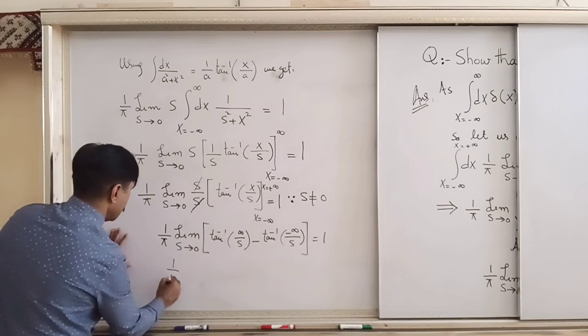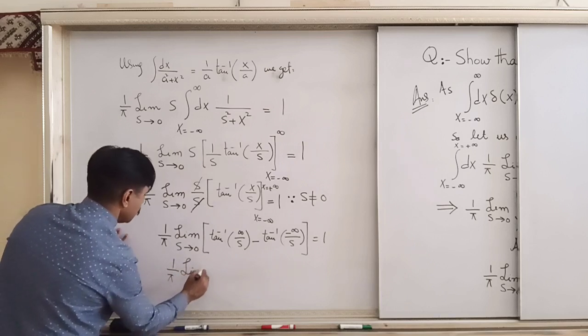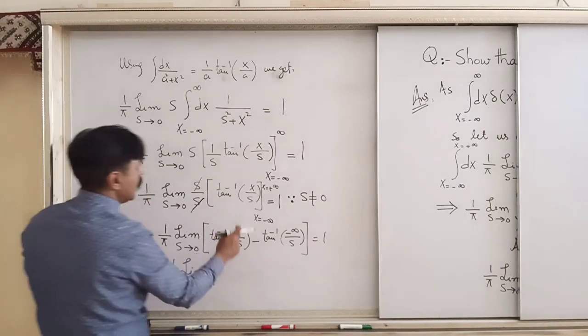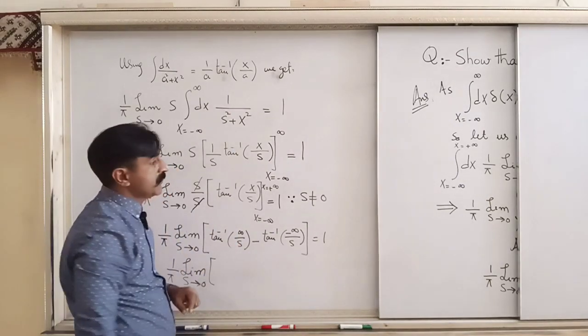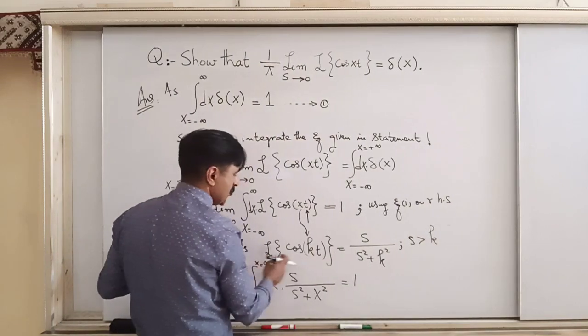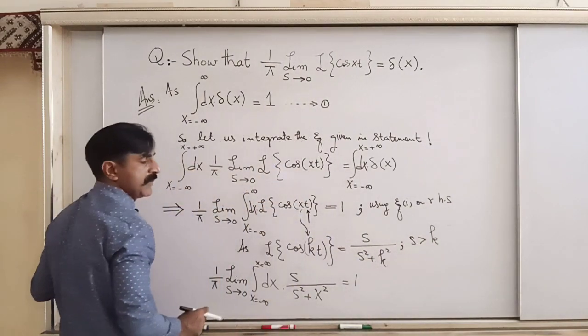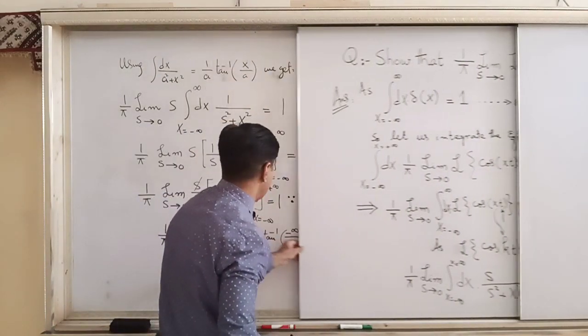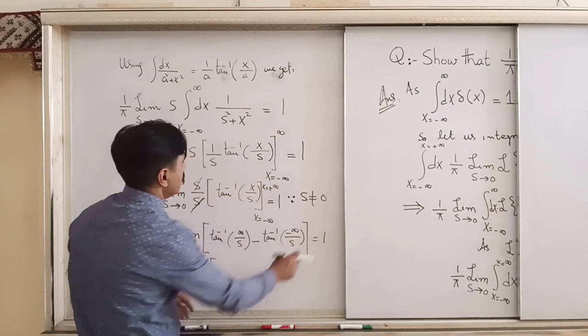Now 1 over pi limit s approaches 0. Your s is a positive number. It is fixed by the Laplace transform of the cosine function. s is greater than k, right? Okay. And k is what?